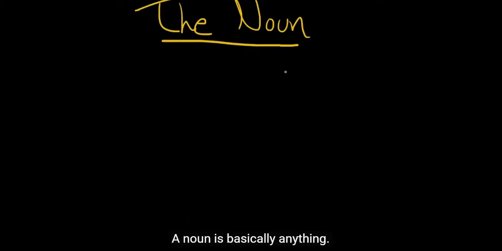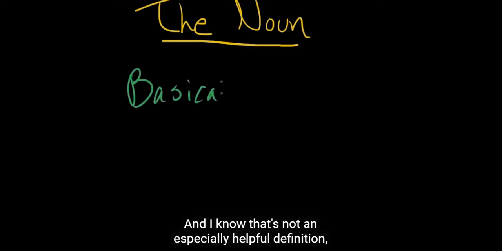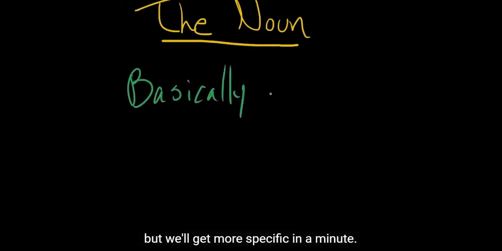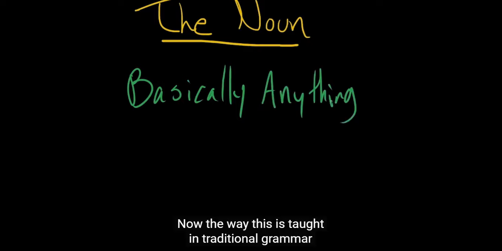A noun is basically anything, and I know that's not an especially helpful definition, but we'll get more specific in a minute. A noun is basically anything at all. Now, the way this is taught in traditional grammar is to say that a noun is a person, place, or thing, which is fine.